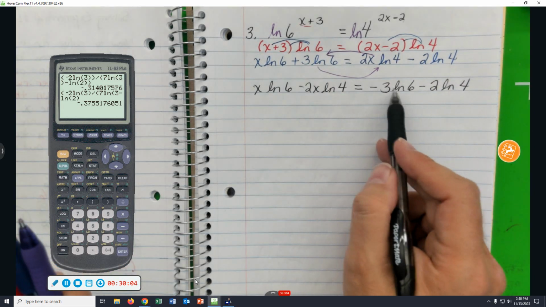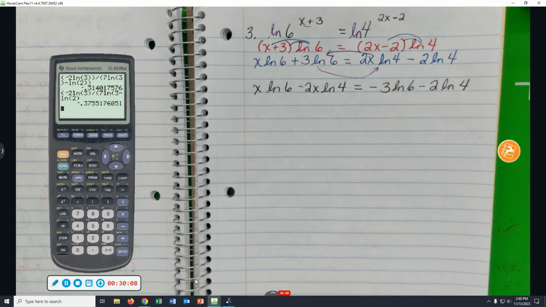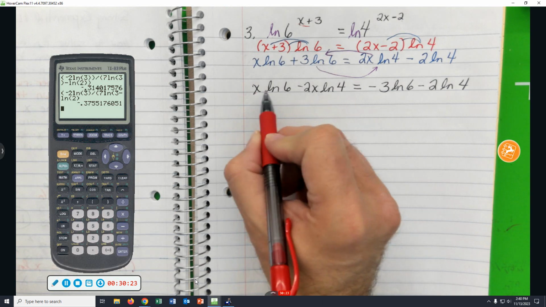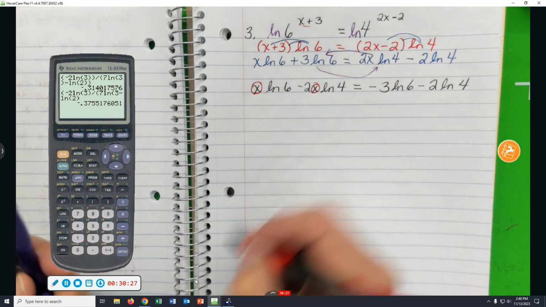I'll write it as negative 3 ln 6 minus 2 ln 4. It's going to be a messy fraction to punch into your calculator. Have you all caught up with what I've done here? Now once you have the two x's on the same side, we factor that x out.